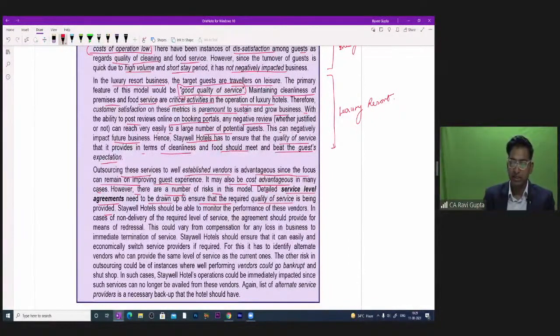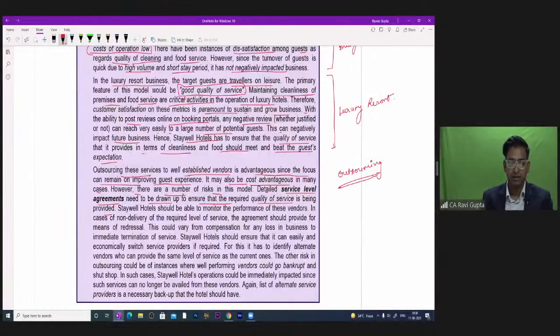Now we are speaking about, in this paragraph, outsourcing. What is outsourcing? See, outsourcing these services to a well-established vendor will be advantageous since the focus can remain on improving the guest experience.